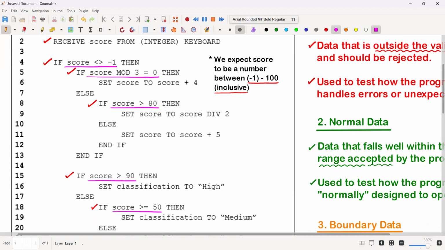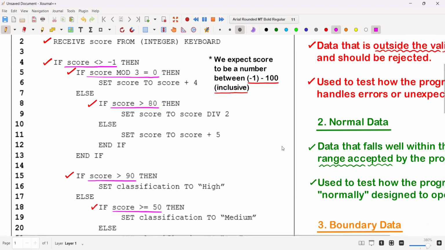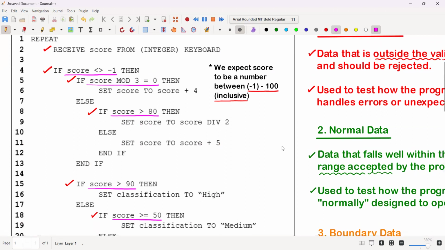Now, out of these conditions, you have to first ask yourself, what conditions aren't a binary decision, or what conditions don't lead to a true or false output? Now, let's look at this first condition, score not equal to -1. The relational operator not equal to always results in a true or false, right? Meaning either the score is -1 or it's not -1.